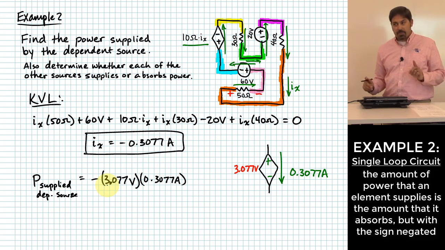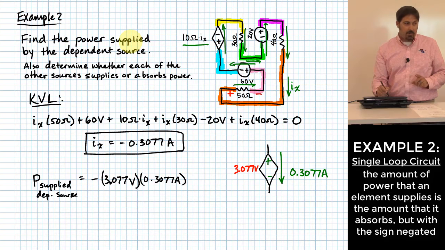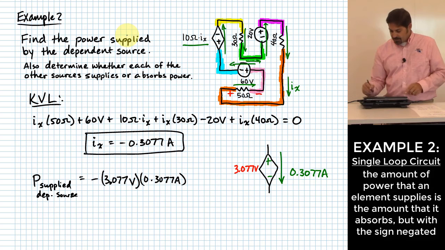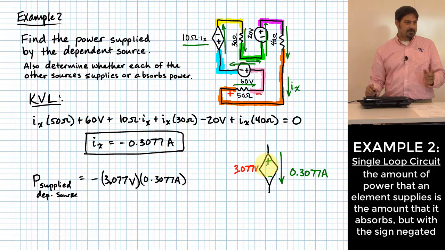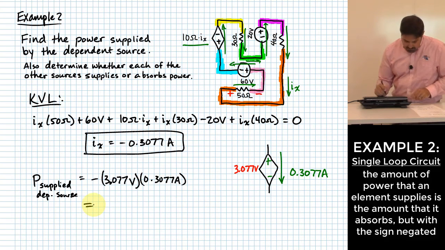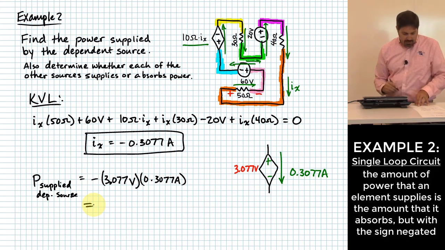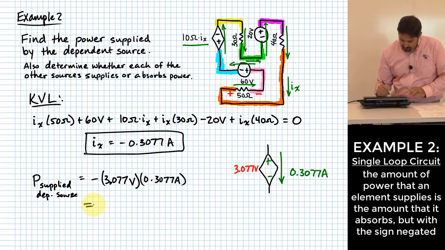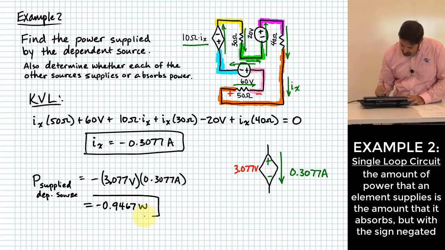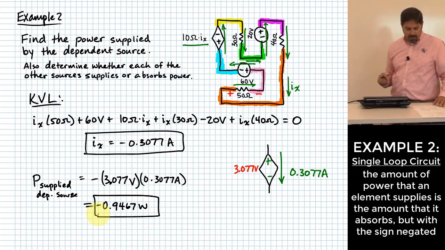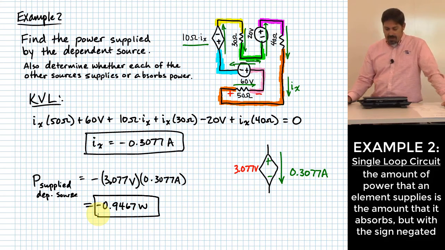It's minus simply because the question asked me to find the power supplied, so I have to make it negative of whatever it would have been absorbing. We looked at it here and said it is actually absorbing, so that would be a negative power supplied. Does that make sense? If you plug that in, it ends up being negative 0.9467 watts. That would be the power supplied by that element, which basically means that 0.9467 watts are being absorbed.